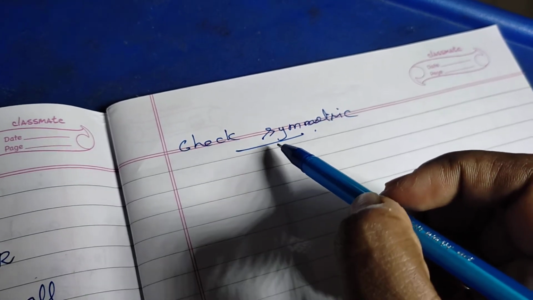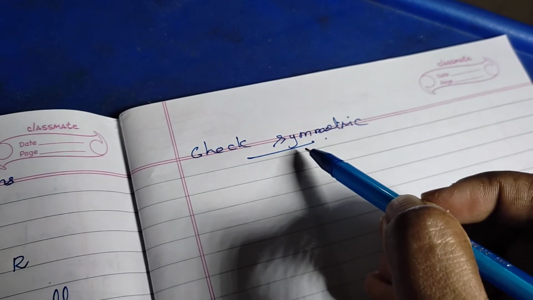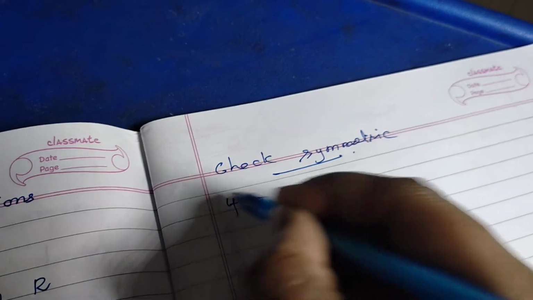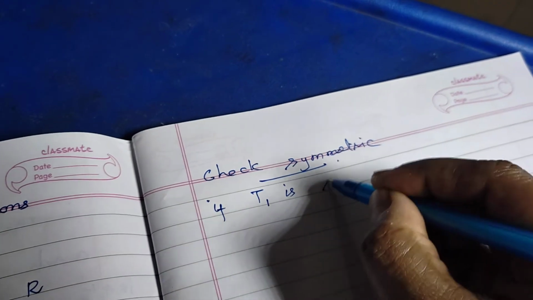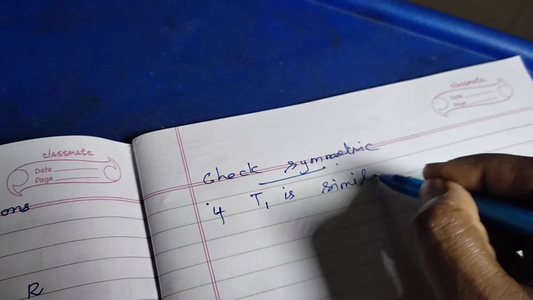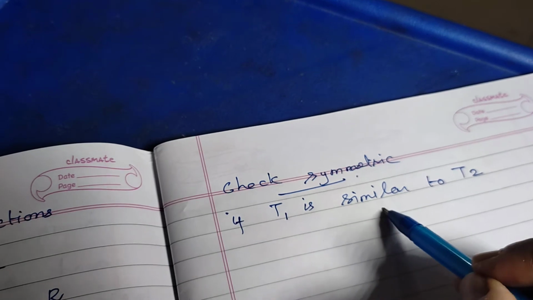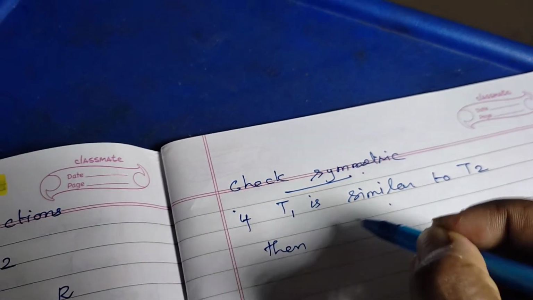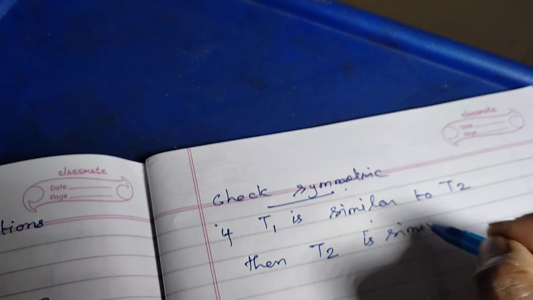This is the assumed condition. Then we have to prove that T2 is similar to T1. That is the symmetric property. So if T1 is similar to T2, then we can easily say that T2 is similar to T1.